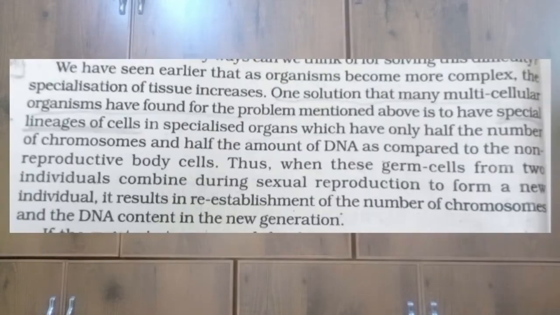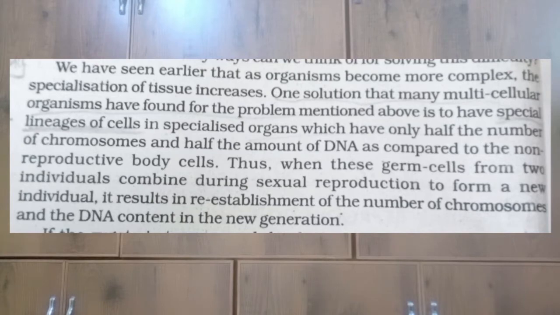Let us explain this in a more simple manner. All organisms have two types of cells, somatic cells and germ cells. Somatic cells have the full set of chromosomes, while the germ cells have only half the number of chromosomes and amount of DNA.